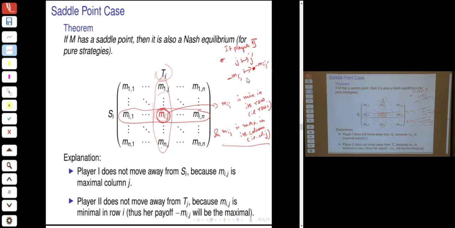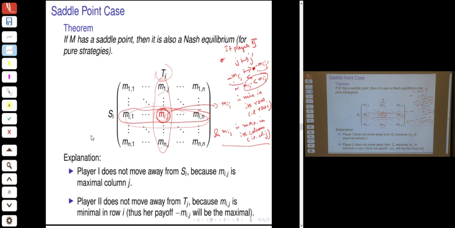So the payoff will increase if minus Mij, the current payoff, is less than minus Mij prime, or Mij prime is less than Mij, right? But this is not possible, because Mij being a saddle point means that Mij is the smallest of all the numbers which appear in row I, and Mij prime is just another number in the row I of the matrix.